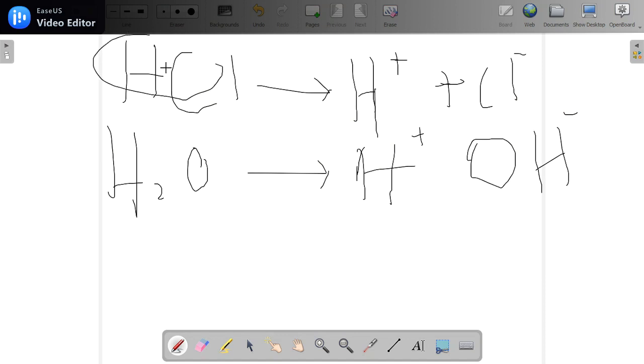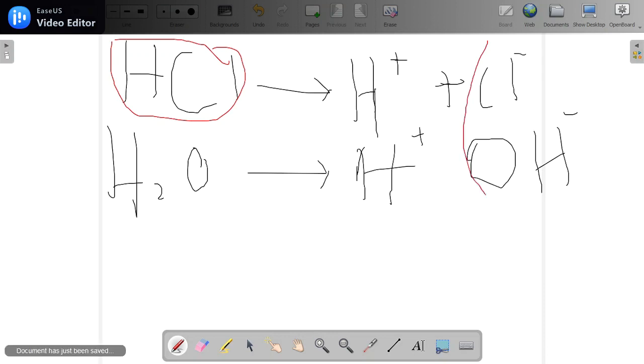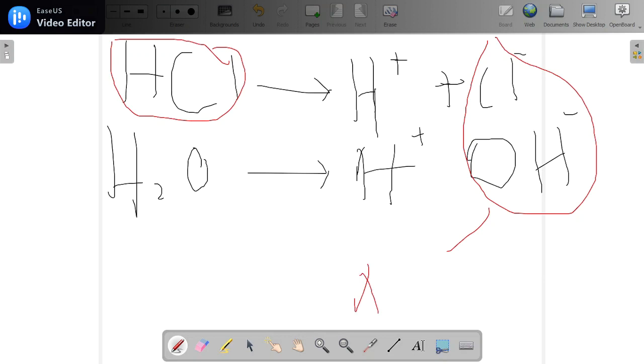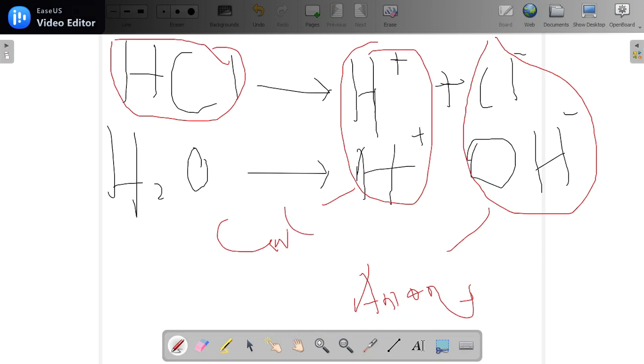When you ask that question, you are expected to do this so you can get the anions present. And we know anions are the negatively charged ions, while these are the cations, which are the positively charged ions.